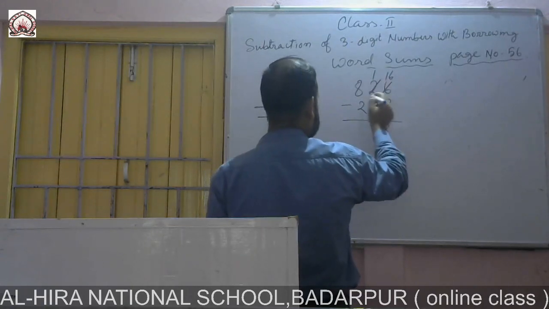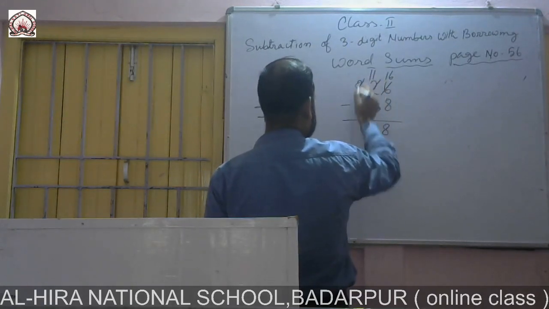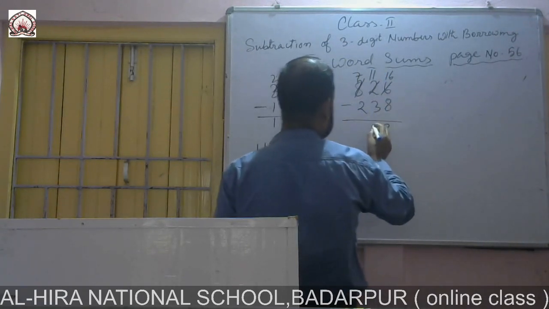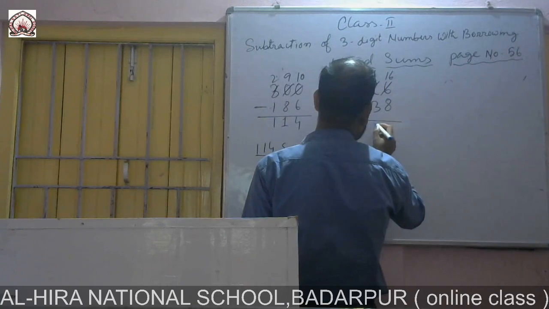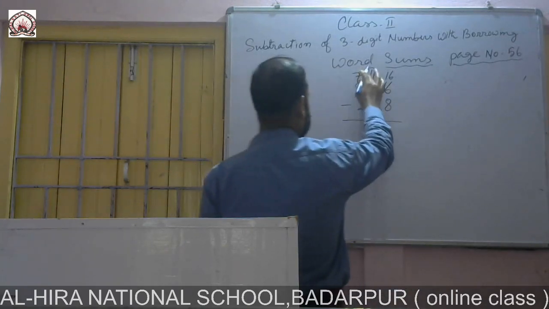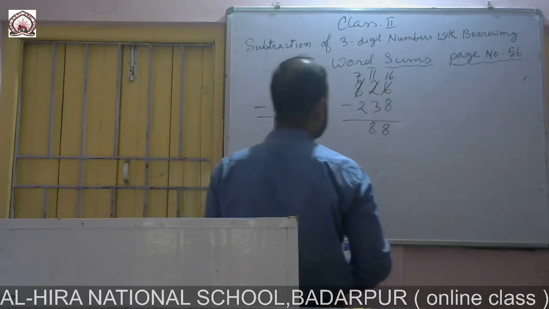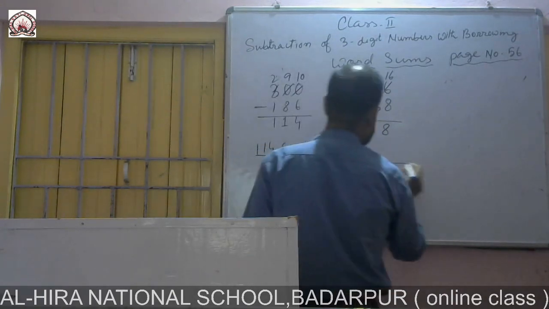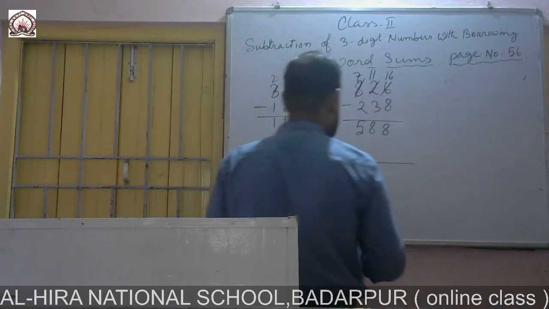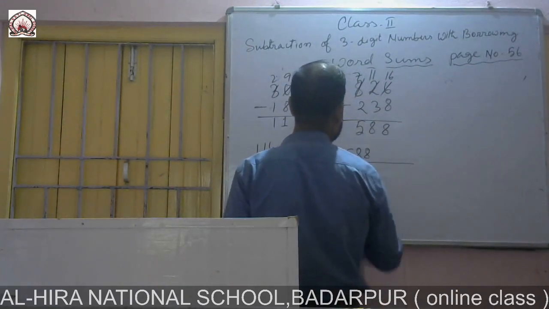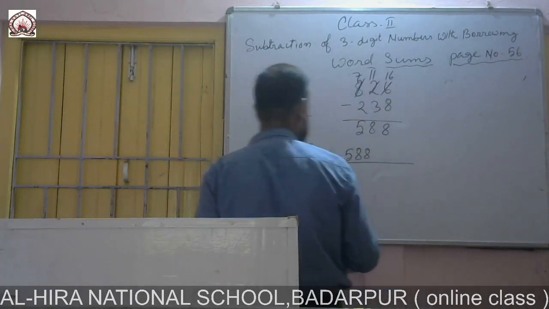There 1 minus 3 can't, then borrow 1, then there is 11 and there remain 7. 11 minus 3 is equal to 8, and 7 minus 2 is equal to 5. Answer is 588 students.